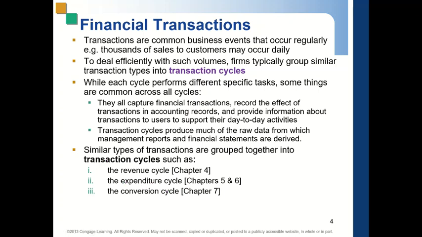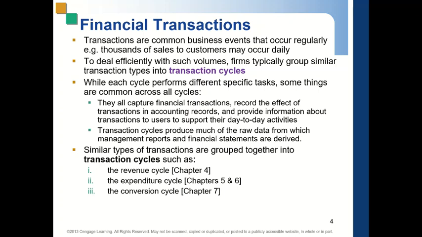And once we have all our raw materials and all our labor, and now we're in fact producing the products, we are converting the input into some output, then we go into the conversion cycle. And so all the transactions that occur, we group them together and we call that class of transactions the conversion cycle.